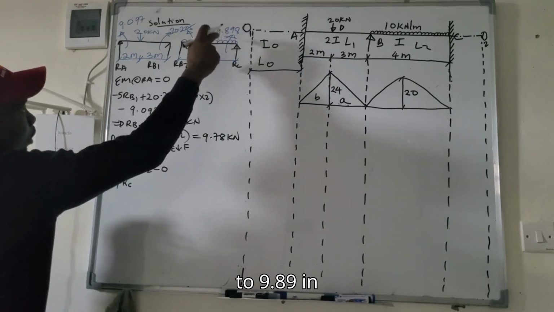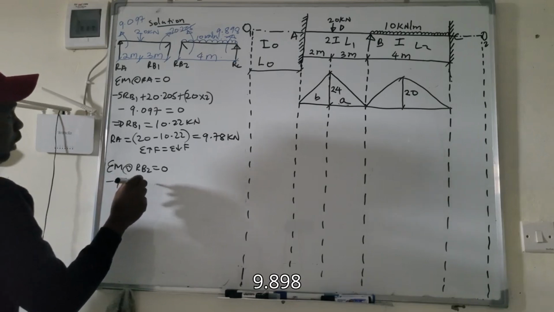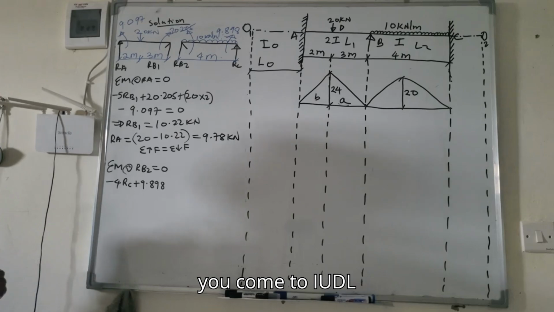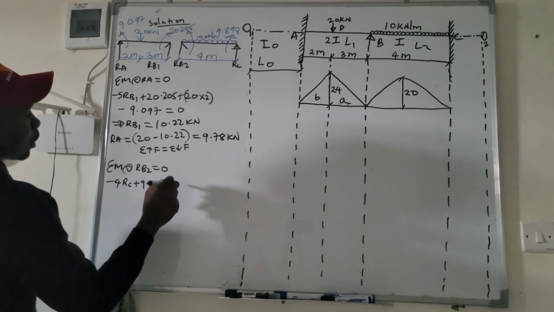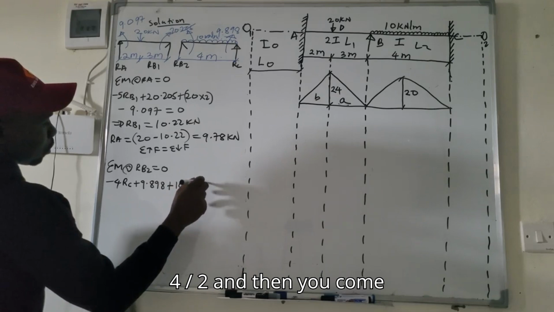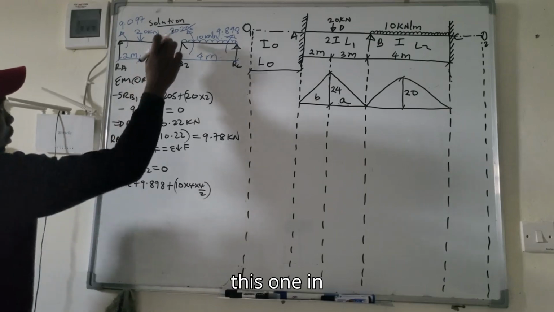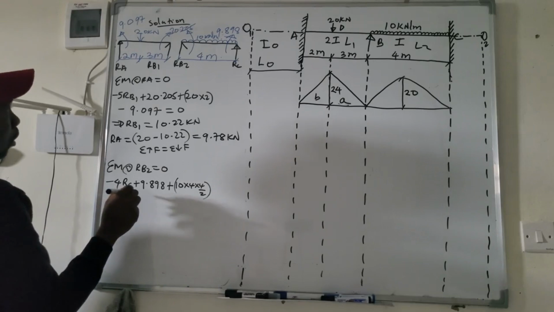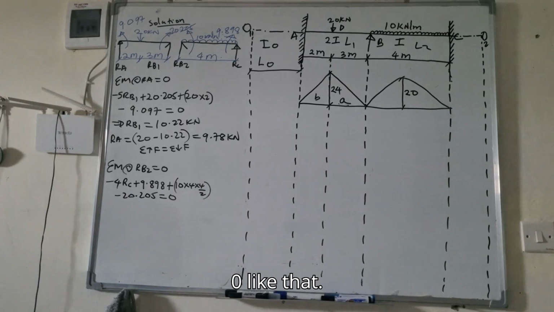Then we come to 9.898 in clockwise direction plus 9.898. We come to a UDL, clockwise direction again, plus 10 times 4 times 4 over 2. And then we come to 20.205, this one, in anti-clockwise direction, so minus 20.205 is equal to 0. Like that.